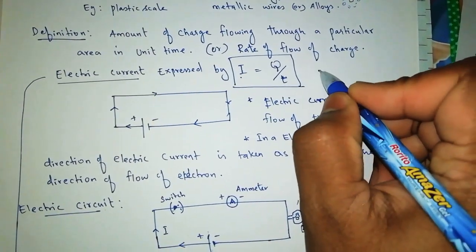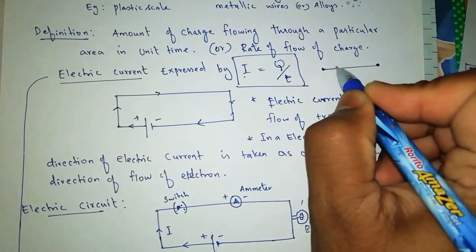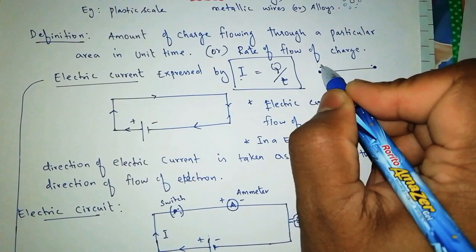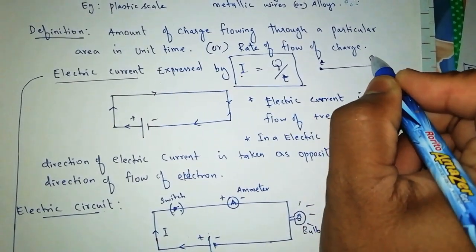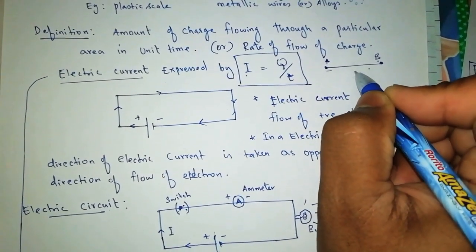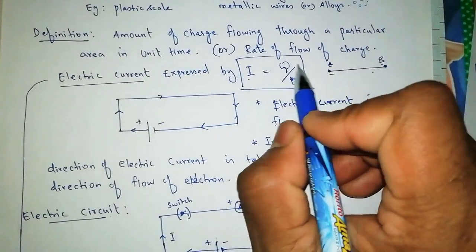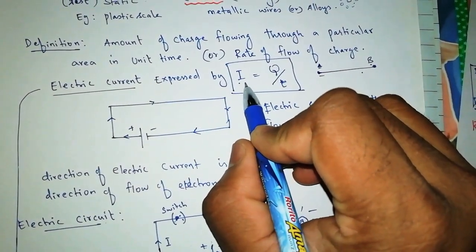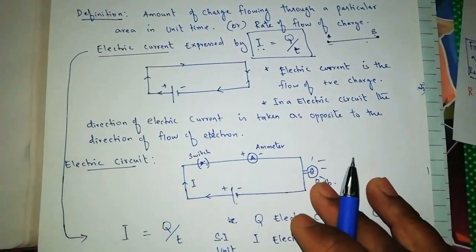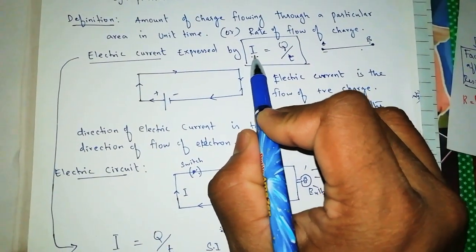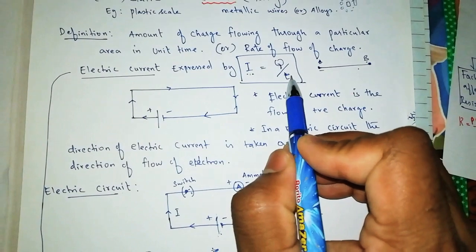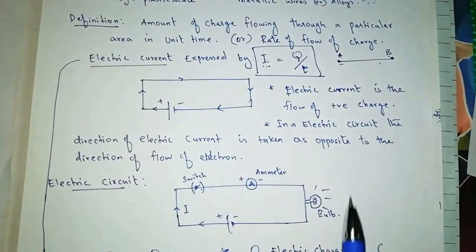For example, if the current is moving from here to here, particular area A to B, in a unit time, within a second, that is what electric current is, right? And current is always expressed by I, charge is expressed by Q, and time is expressed by T.